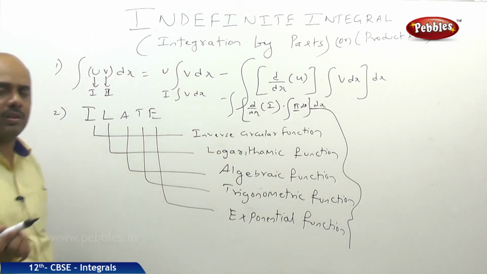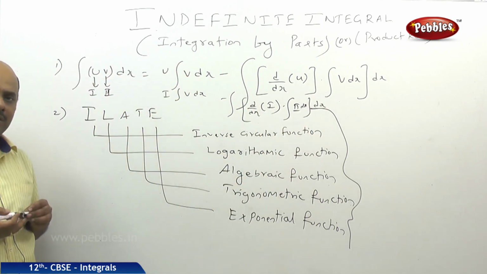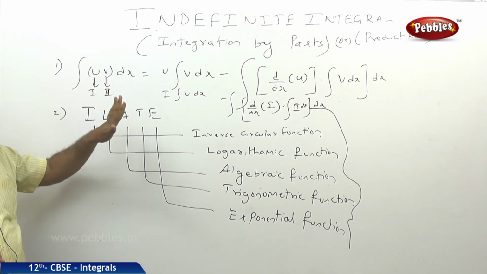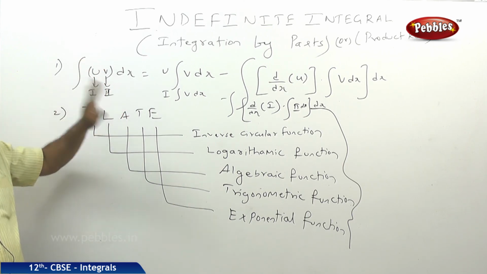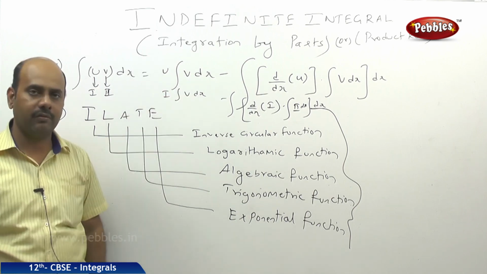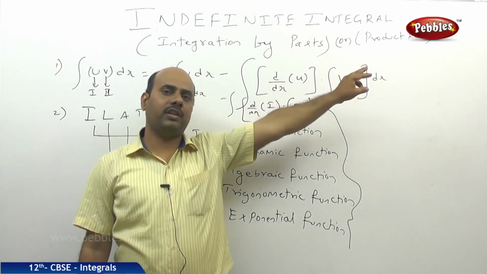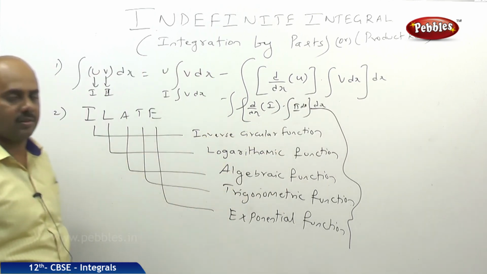That is up to you. Whatever you feel convenient, in that manner you can remember. But remember the formula is very important. Integral of uv dx is equal to u into integral of v dx minus integral of derivative of u into integral of v dx whole dx.